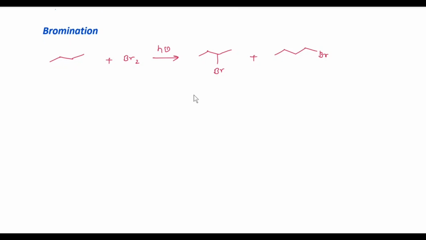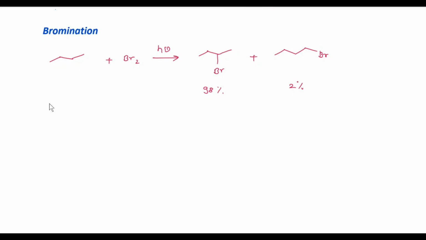The percent yield of 2-bromobutane is 98%, which is the major amount, and 1-bromobutane is 2%, which is the minor amount. So let us see the mechanism of this.